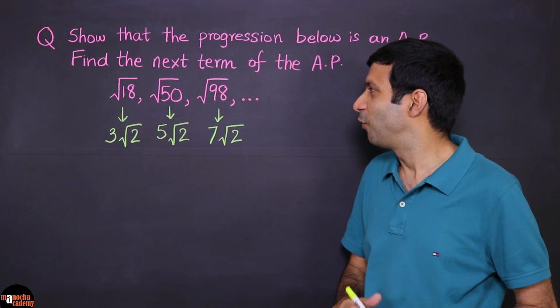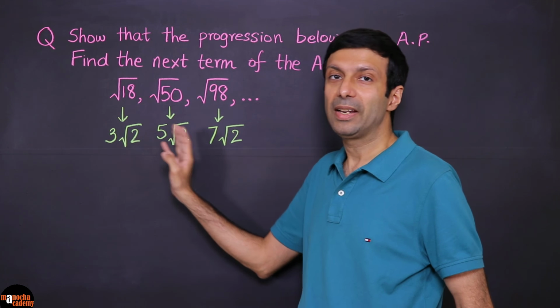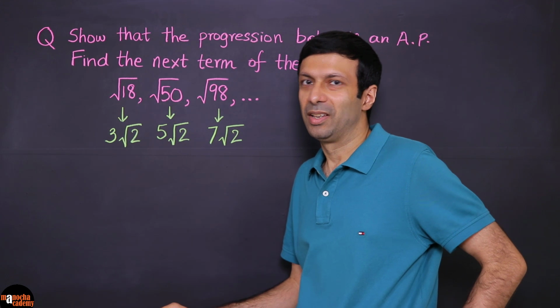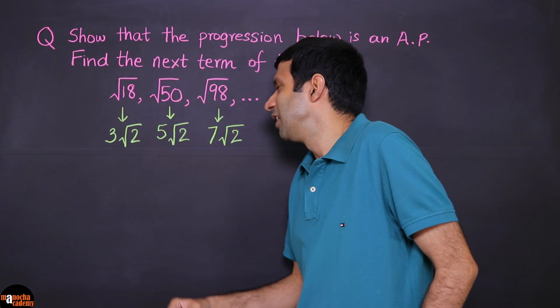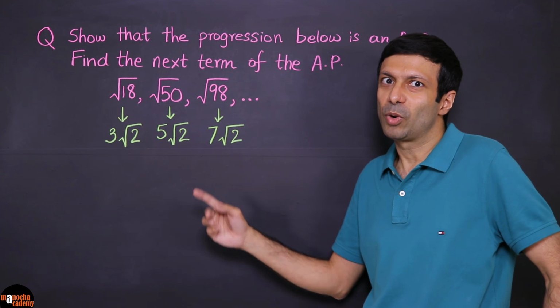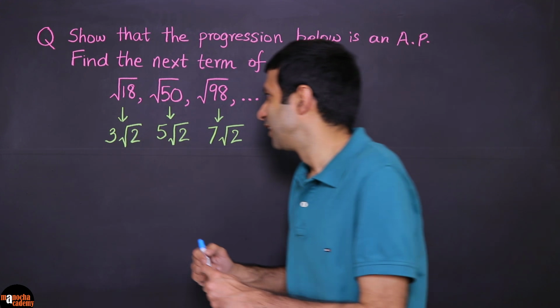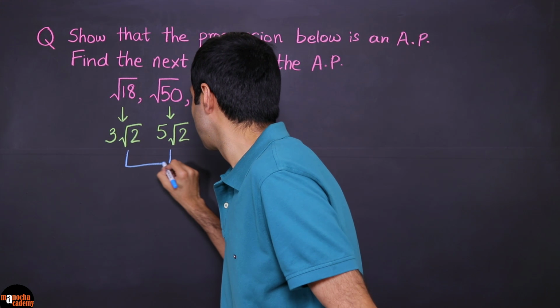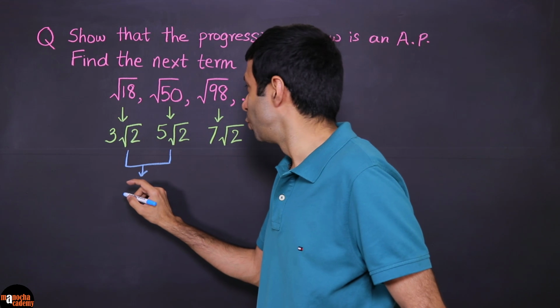So let's find the common difference between consecutive terms. So between this term and its previous term, what is the difference going to work out to be? If you subtract these two terms, what do you get? It's going to be 2 root 2, right?